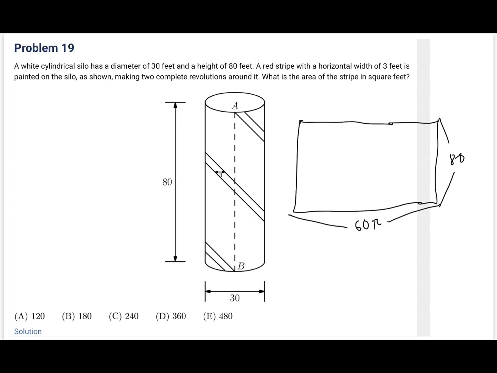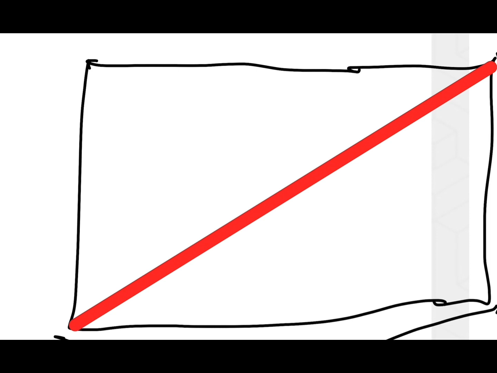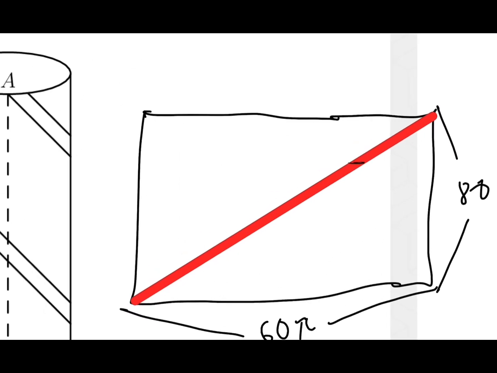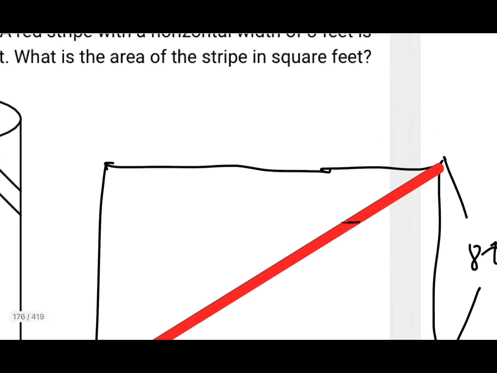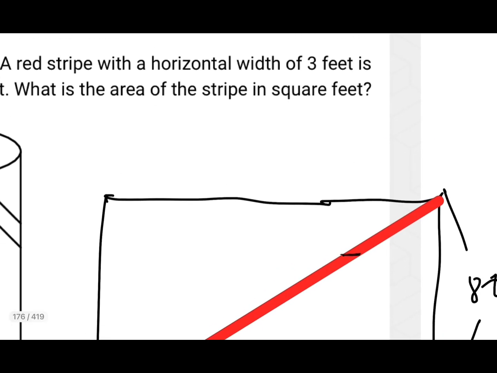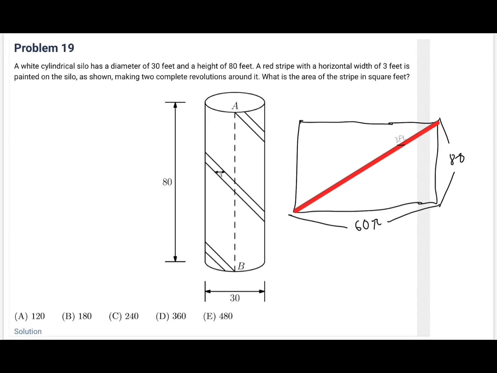So it's like this, like that, and like right here, this width, it says horizontal width, so this would be 3 feet. And so, what is the area of the stripe in square feet?